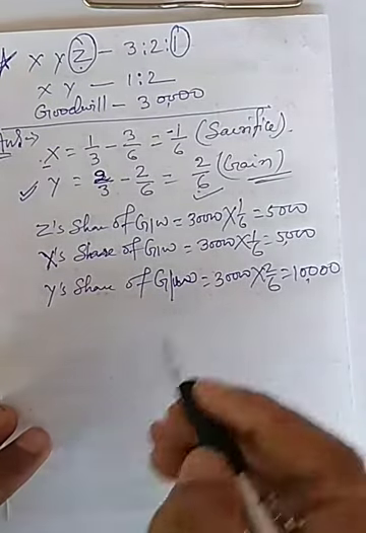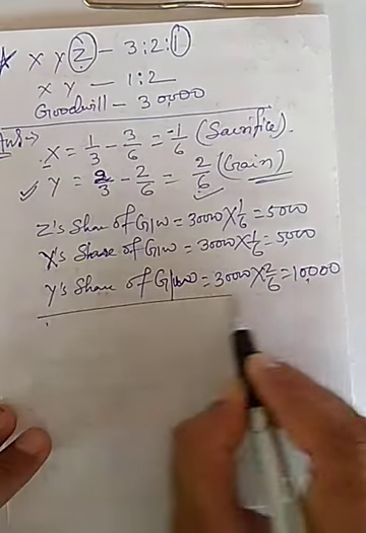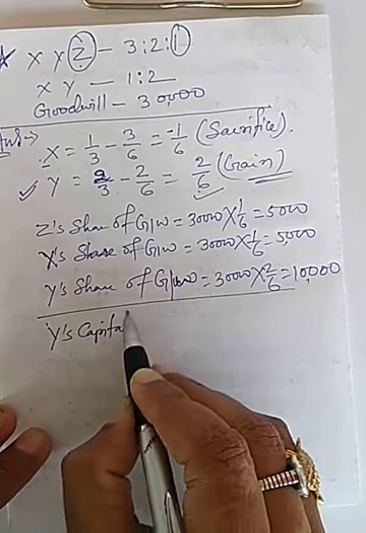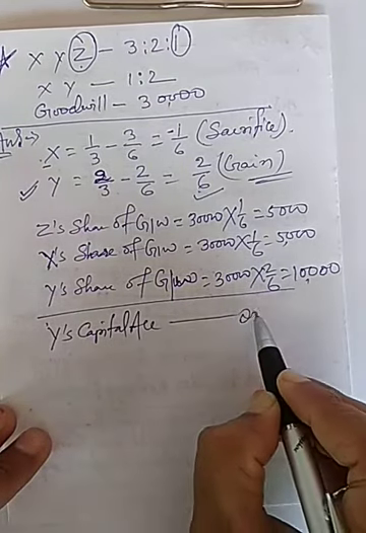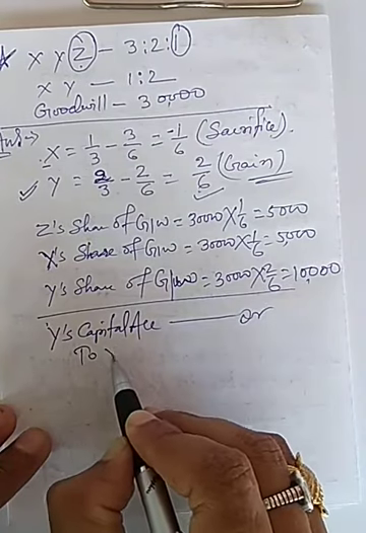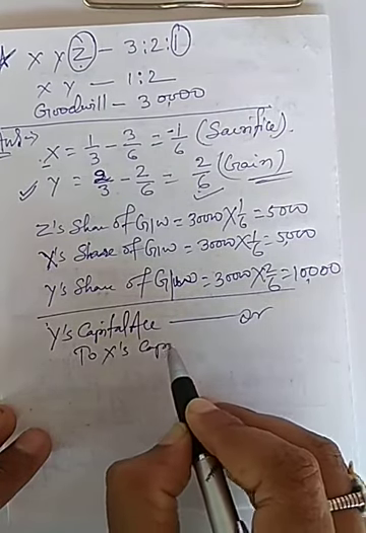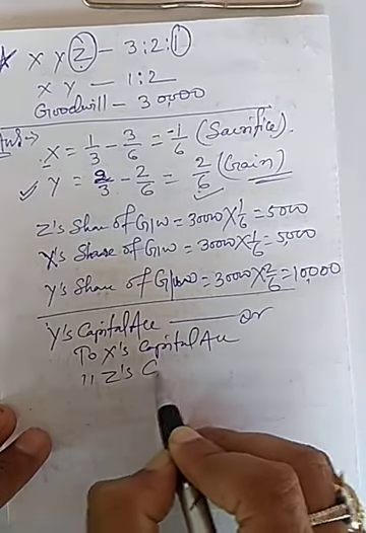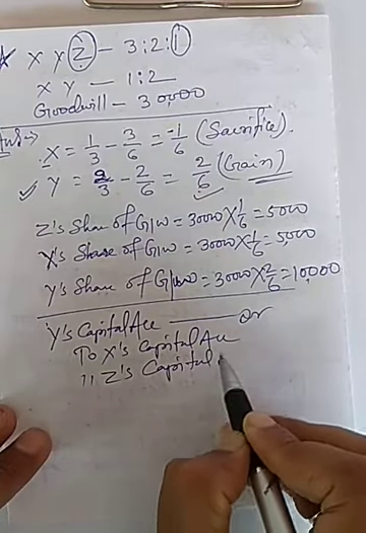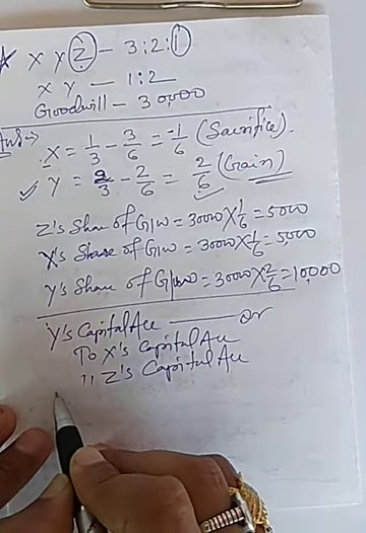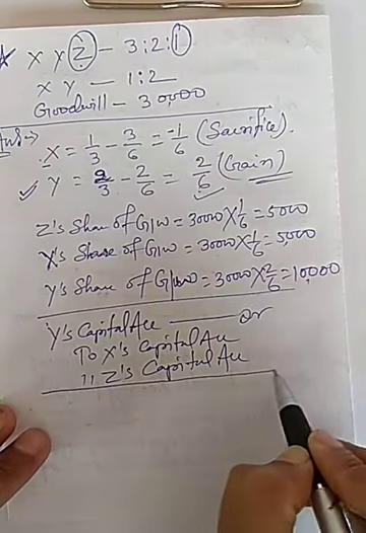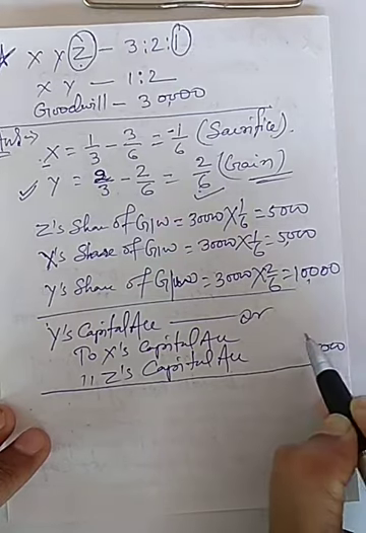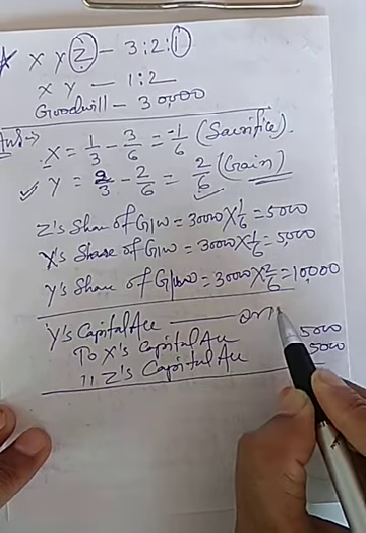Now the journal entry will be Y's capital account DR to X's capital account, to Z's capital account. Amount will be 5,000, 5,000 and 10,000.